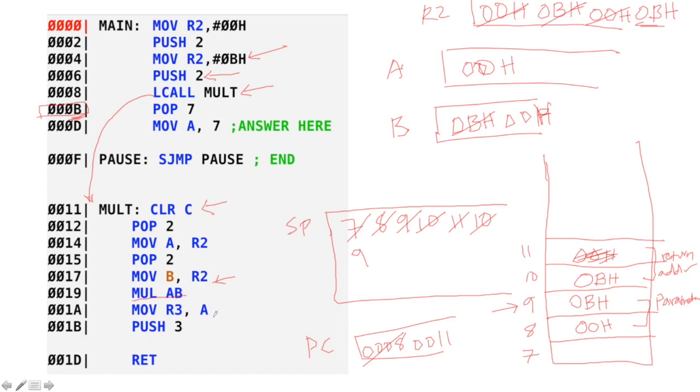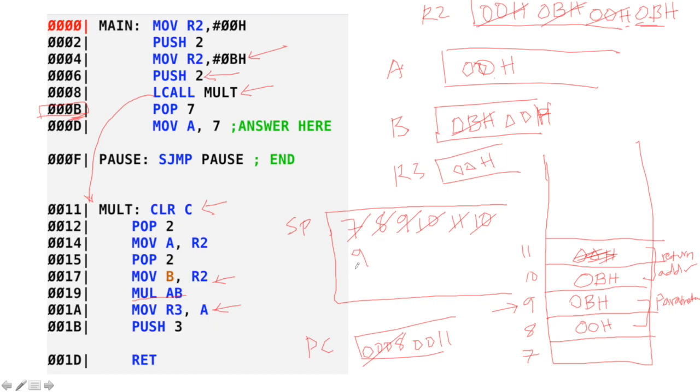And then we are required to move A into R3. So there is some register called R3 which will now have the value 00H, and we simply push 00 back onto the stack.